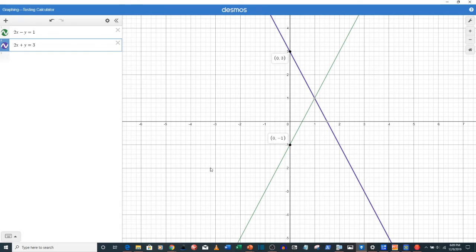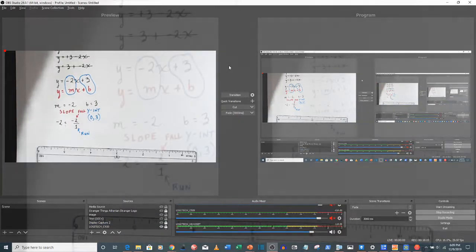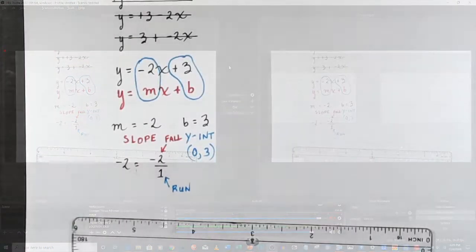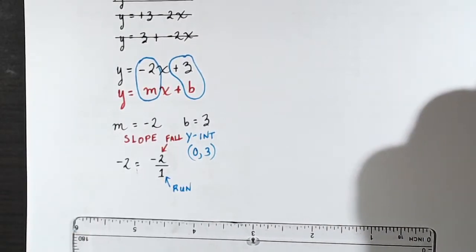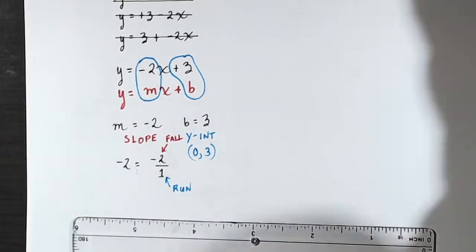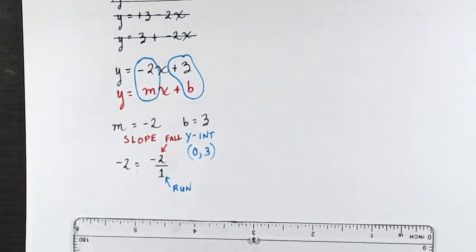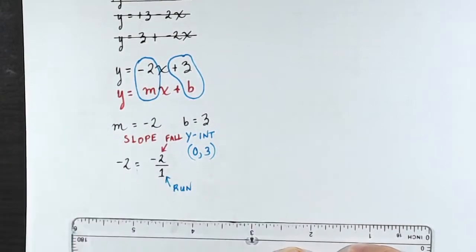Okay? Now, remember also we said it was downward sloping, so it had to have a negative slope. And lo and behold, the slope is negative 2. So we do have a downward sloping line. You see, I'm trying to help you find the connection between the picture and the equation. All that information is packed into this equation, y equals negative 2x plus 3.